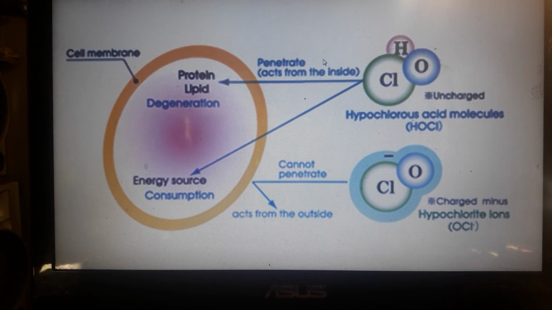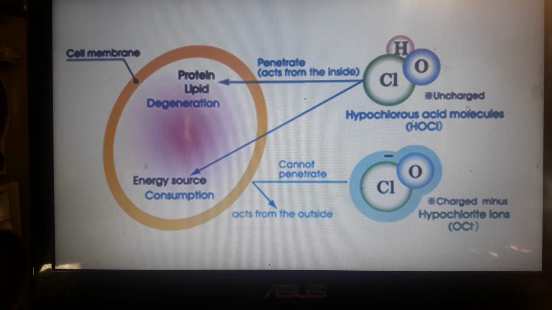This one can penetrate and act inside the cells, while the charged, negative hypochlorite cannot really penetrate the cells, because we know that cell membranes are composed of different ions. So if it is negatively charged, it reacts but cannot penetrate. It stays only at the surface.